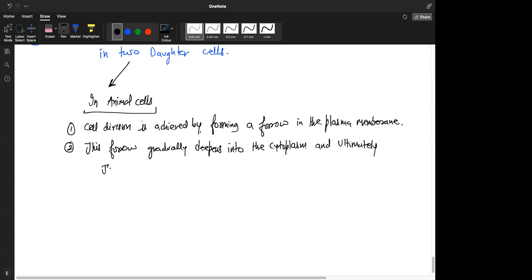And ultimately joins in the center to divide the cell into two parts. These are the two daughter cells, okay?